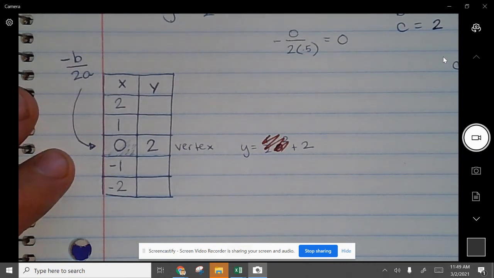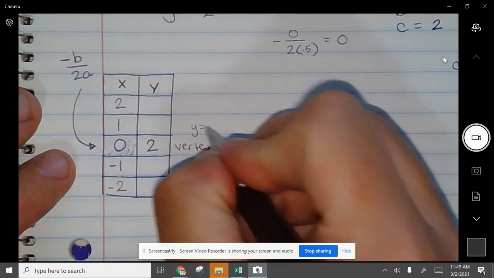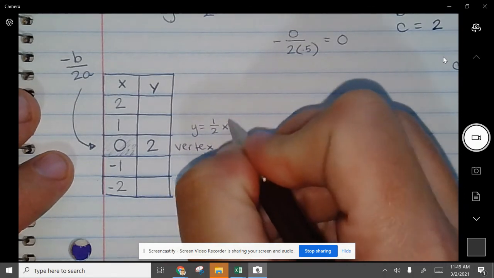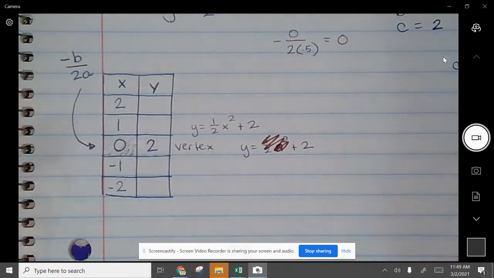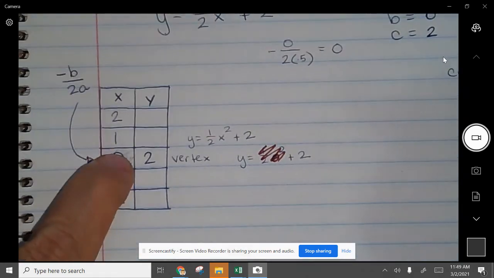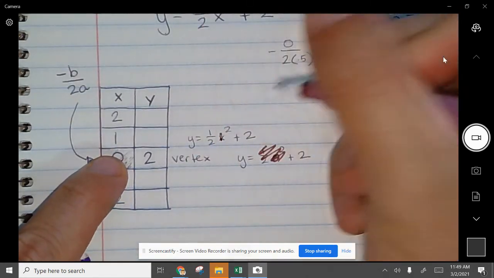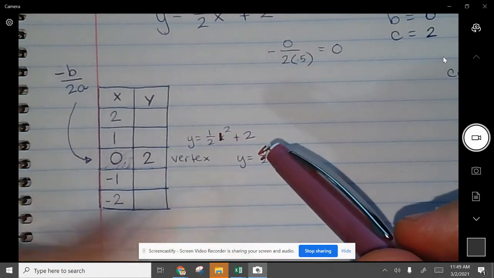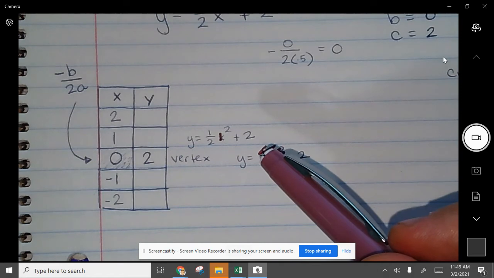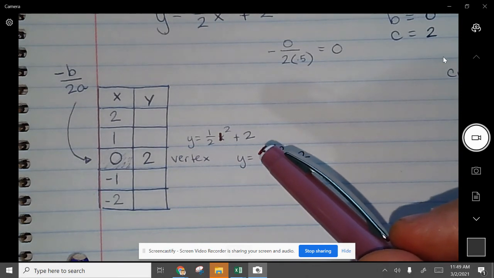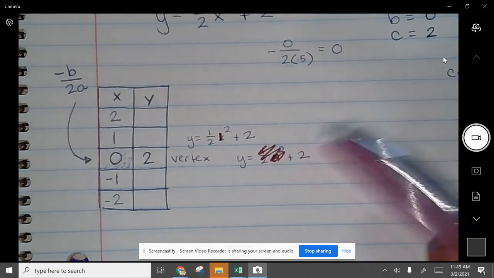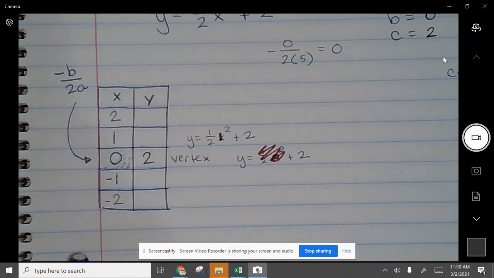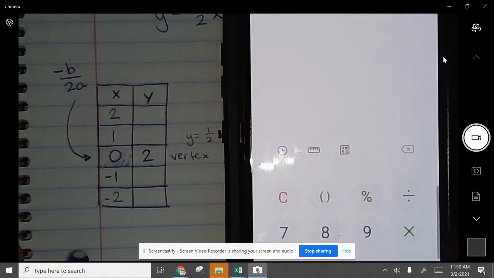All right, now 1/2 x squared plus 2. I'm going to do the same thing with 1, okay? Where is 1 going to go? Right here. This is where it gets kind of fun. 1 times 1 is 1. What's 1 times 0.5? You might be thinking, that sounds kind of confusing. If you were lost, which you shouldn't be on that problem, no big deal.